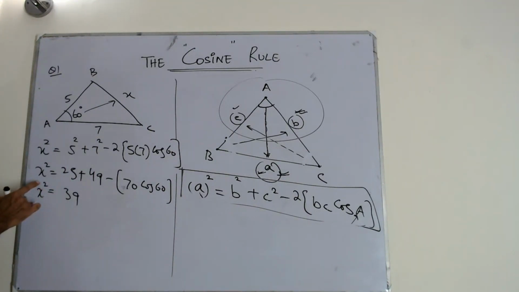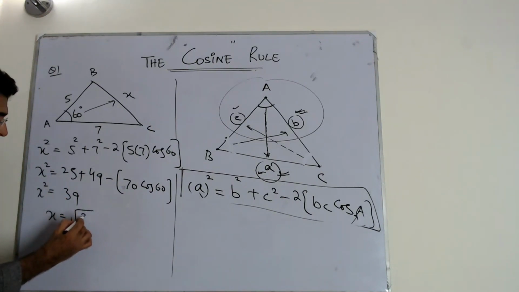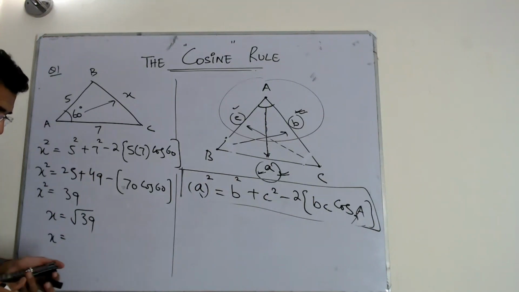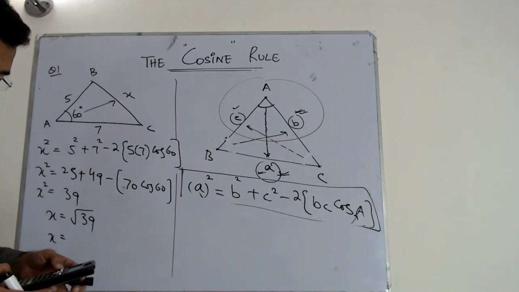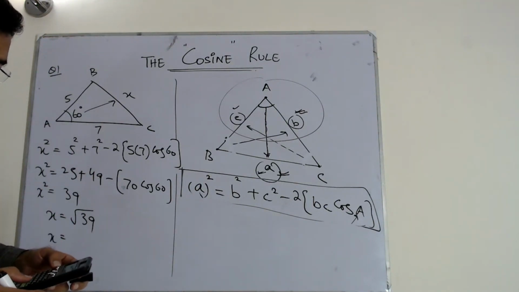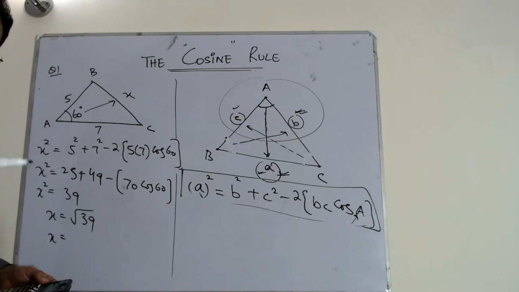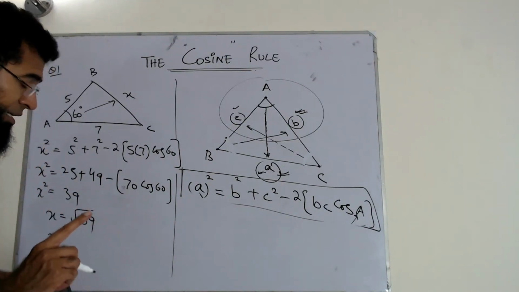So how do you find x? Because this is the value of x square, you take square root on both sides. As a result, the square and square root get cancelled. So x is square root of 39. And we'll write the value to 3 significant figures.